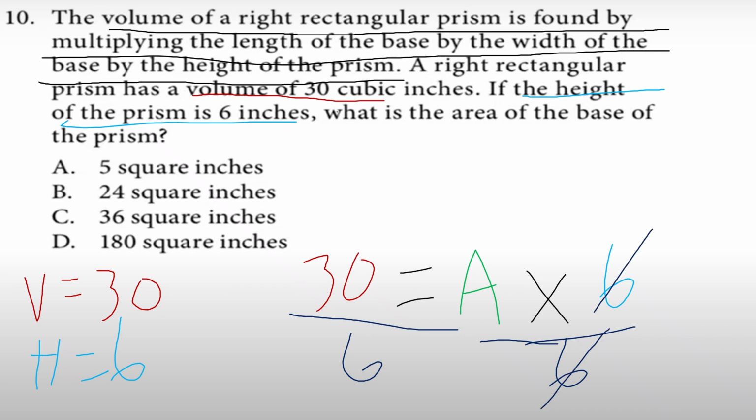That leaves us with A equals 30 divided by 6.